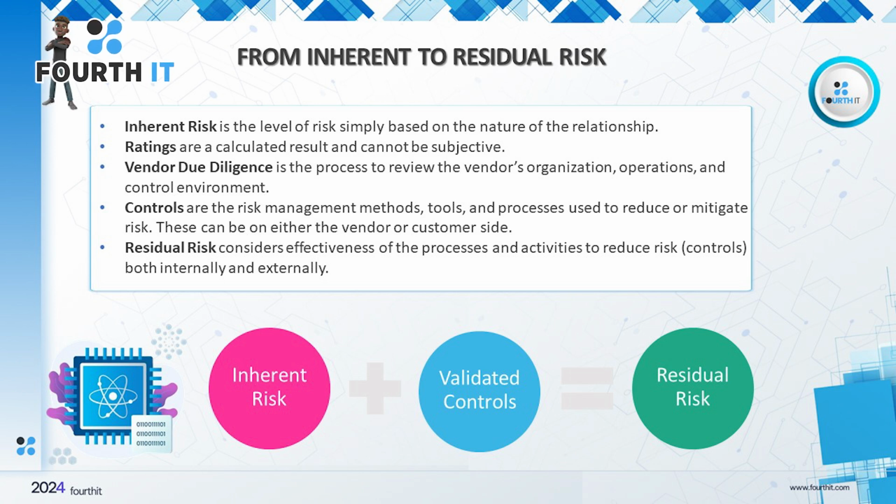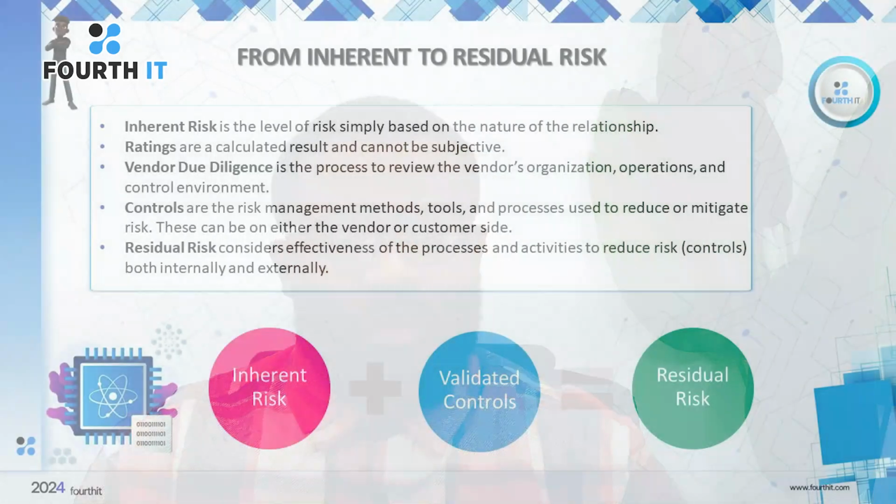Now, vendor due diligence is a process to review the vendor's organization, operations, and control environment. This is done after we send out our inherent risk questionnaire, the business responds, we check the ratings, and the ratings are high or critical. Then we want to be able to have a conversation with the vendor.